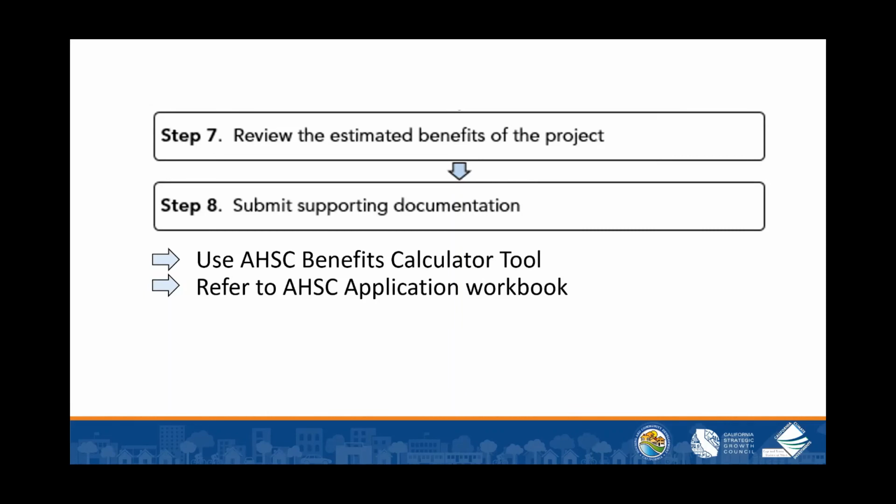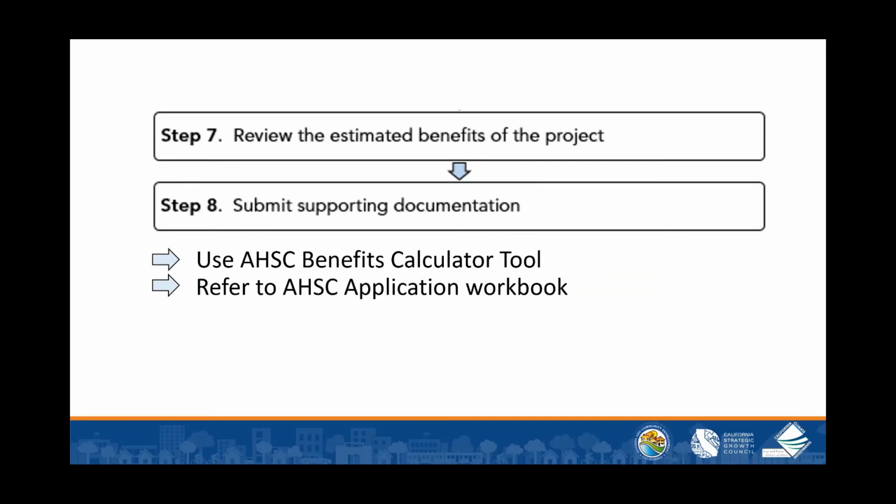Once all inputs are complete, applicants should review the GHG summary and co-benefit summary tabs to check that the GHG emission reductions and selected co-benefits of the proposed project are fully populated. If there are any errors or blank cells on the summary tabs, ensure that all information from the previous steps has been entered correctly.